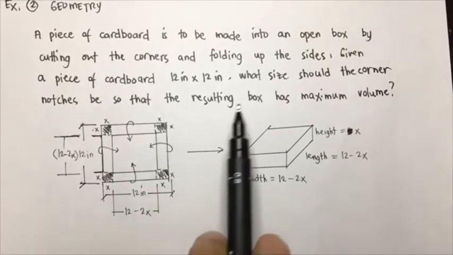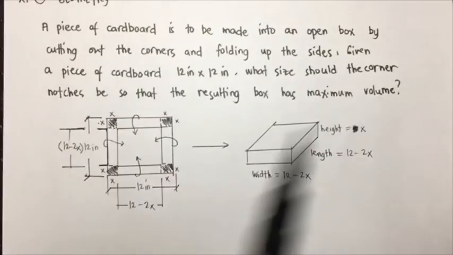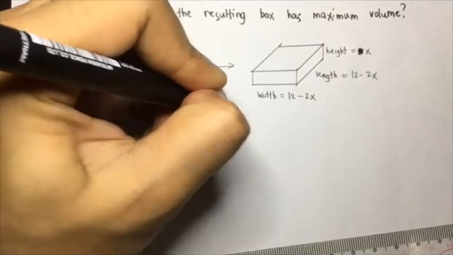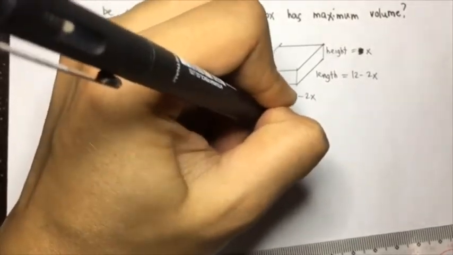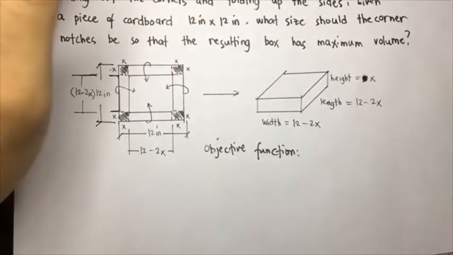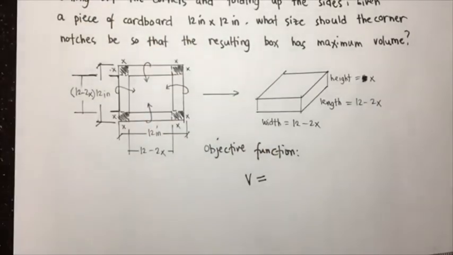Our objective function here is the volume, so we want to maximize our volume. For the objective function that we want to maximize, it is equal to the volume.